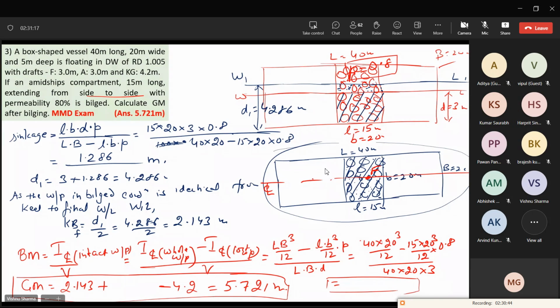How much is the BM coming, beta? 7.778. Okay. So plus 7.778 here, and that gives you 5.721. 5.721 is the GM. That is the answer, right? Yes, sir.